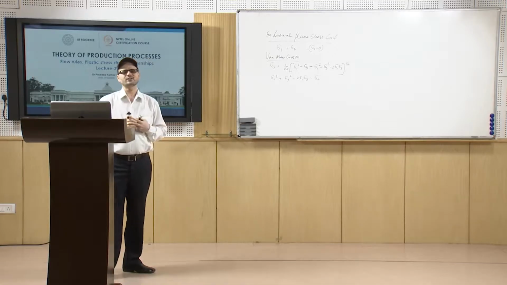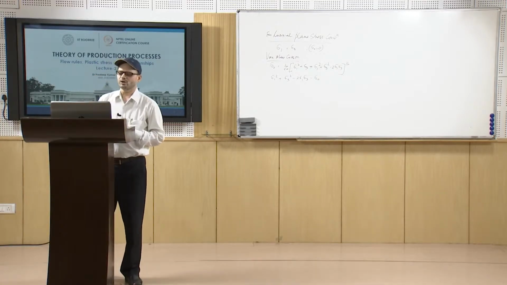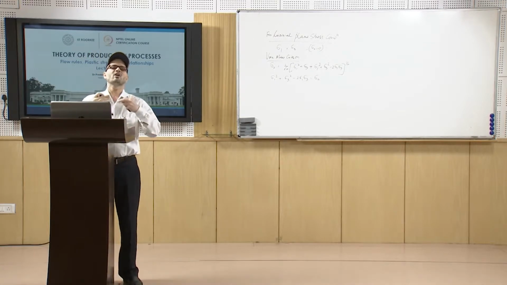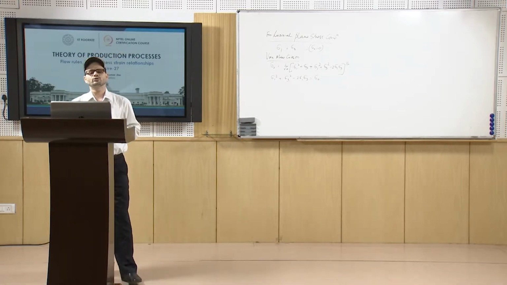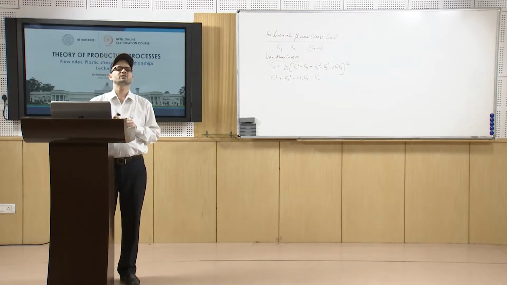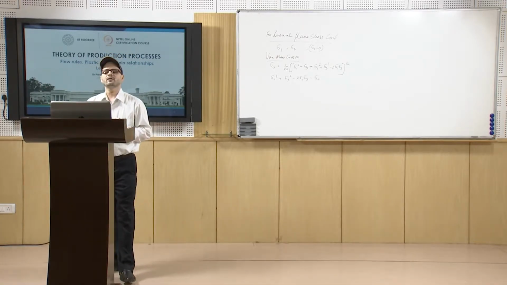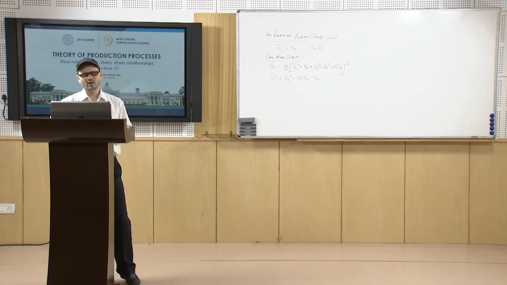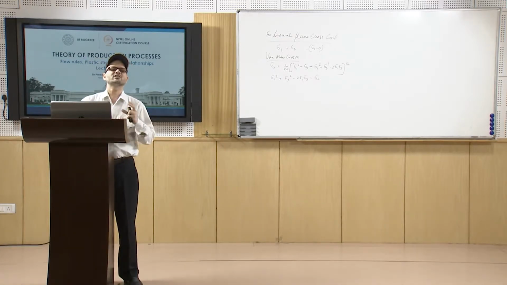Now, this equation is nothing but the equation of an ellipse, whose major semi axis is root 2 sigma naught and the minor semi axis is root 2 by 3 sigma naught.